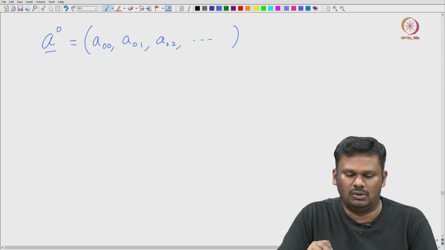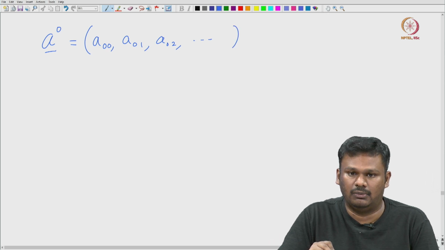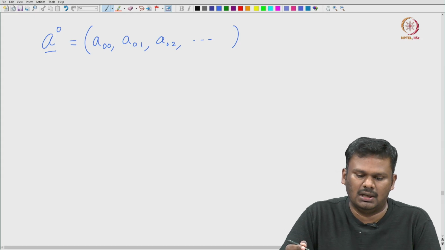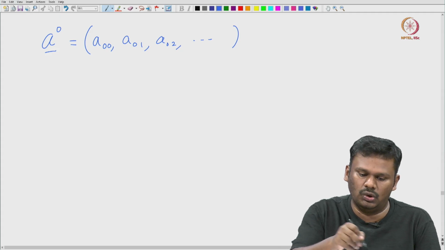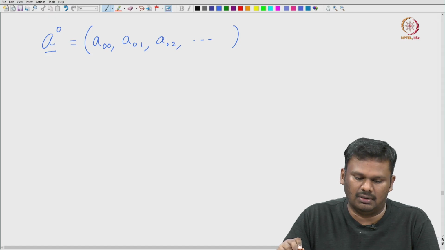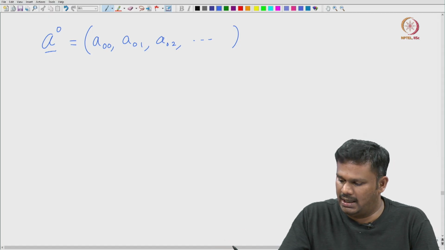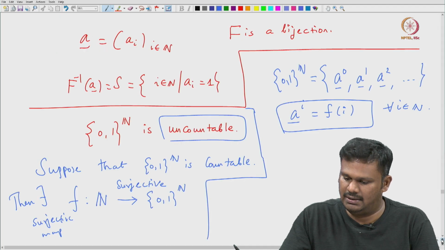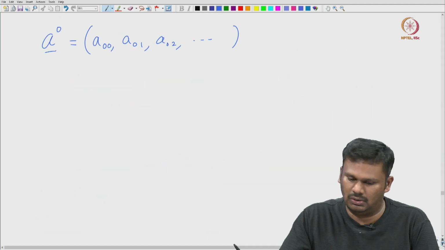Now you can see where I am heading: I am going to use Cantor's diagonalization technique again. Earlier Cantor diagonalization was used in counting elements, but here I need to come up with an element which is not in the list A naught, A1, and so on.